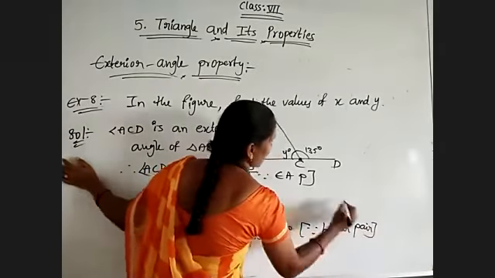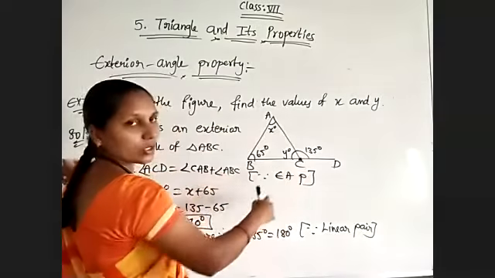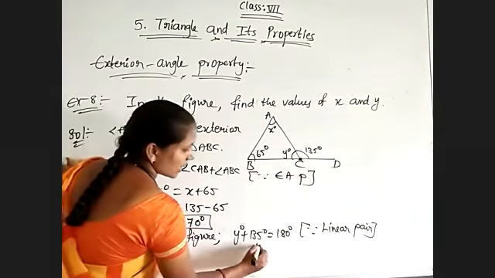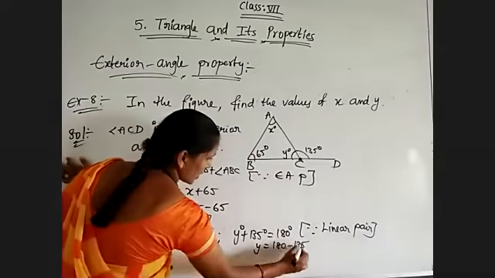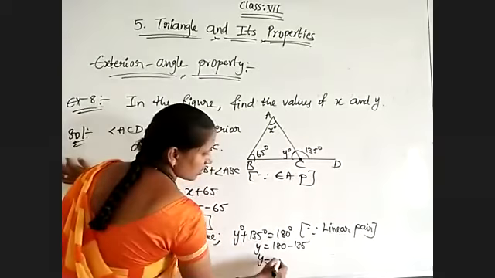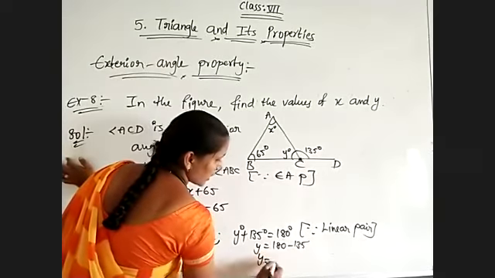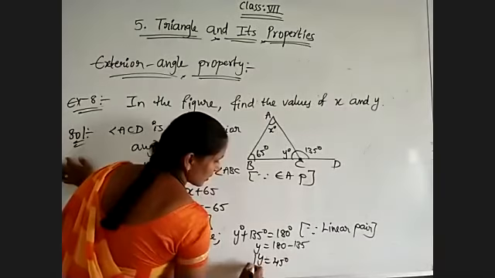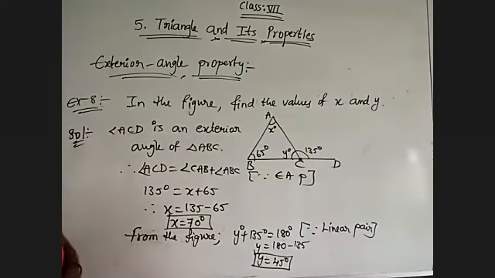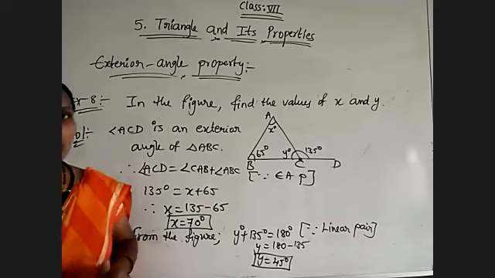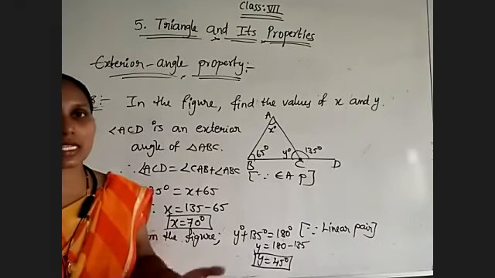They are adjacent and their sum is equal to 180, straight line. So y is equal to 180 minus 135, that is y equal to 45 degrees. That's all. So like this we are using exterior angle property, and still some more examples we will discuss in the next class.